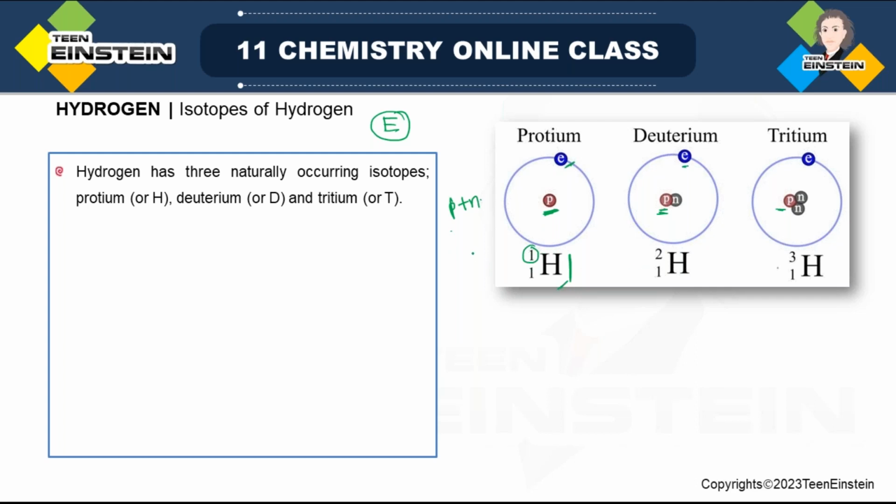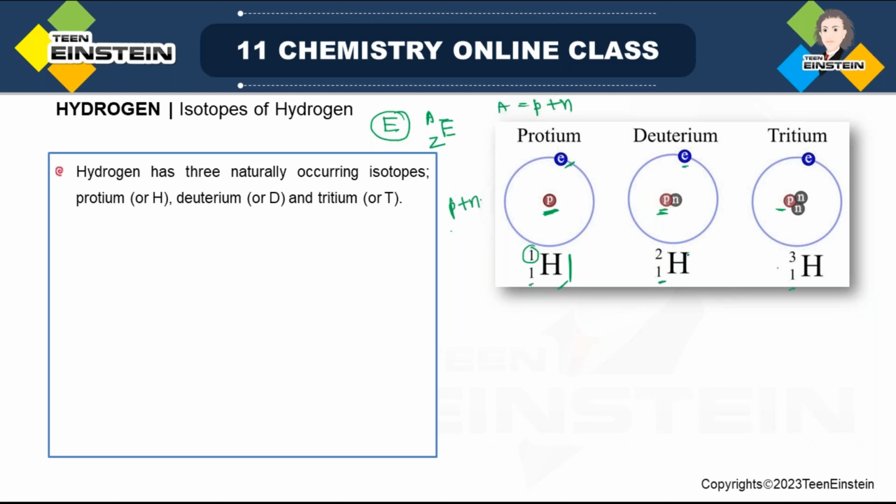In general, we write it like this: E is the element, Z is the atomic number, and A is the mass number. A is the sum of P and N. In our case, hydrogen is E, 1 is the mass number because we have only one proton, and Z is always 1.